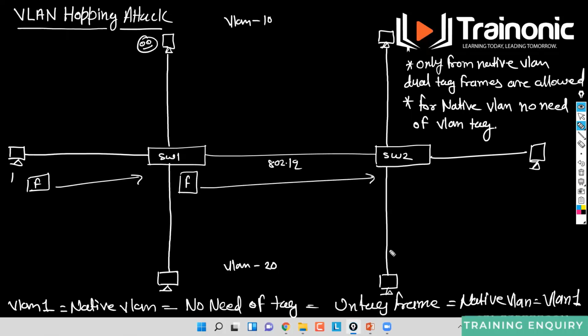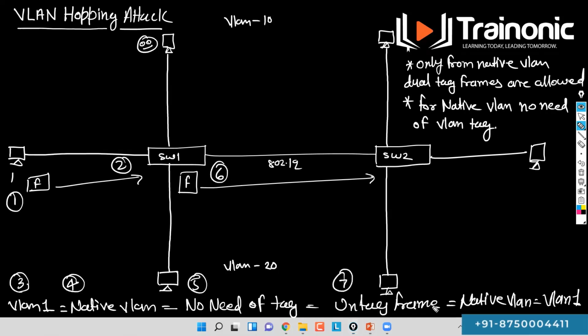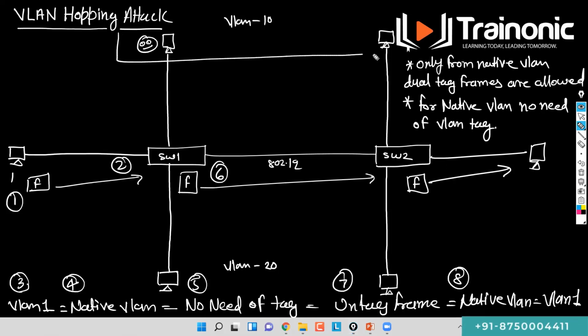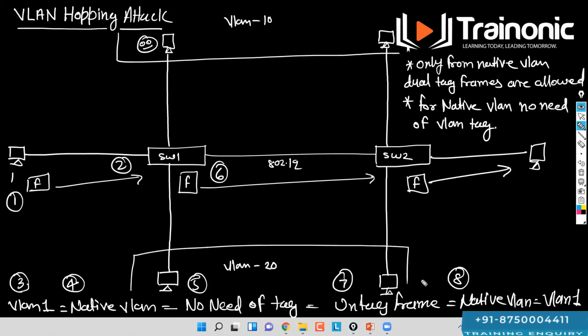Switch 2 will receive an untagged frame, and an untagged frame is for native VLAN, so the frame will be forwarded to VLAN 1 by default.